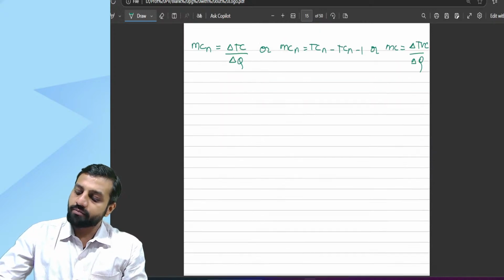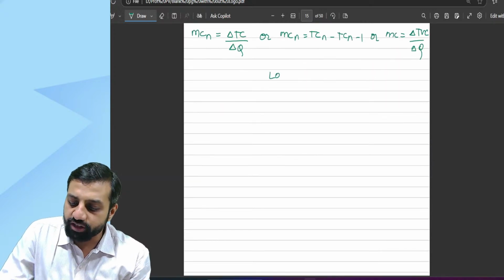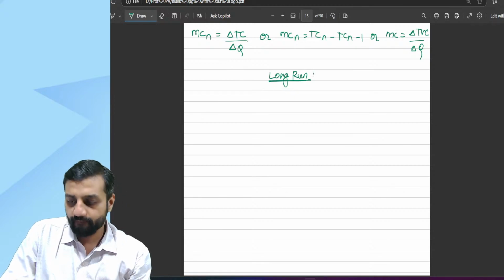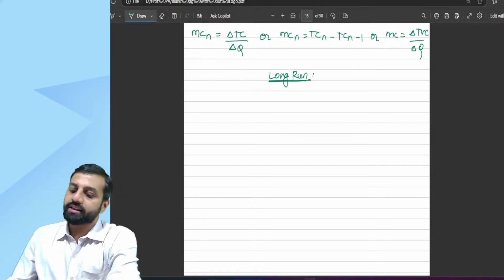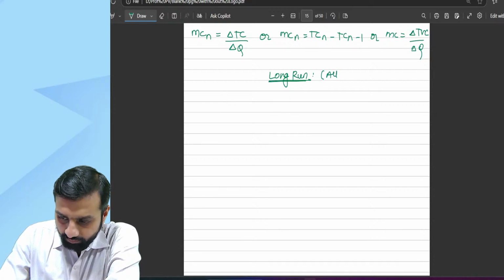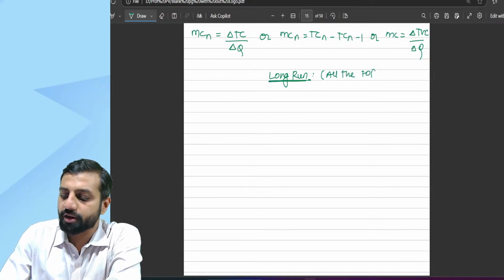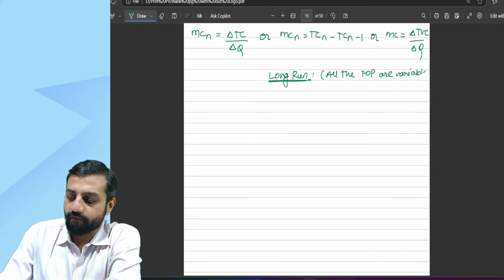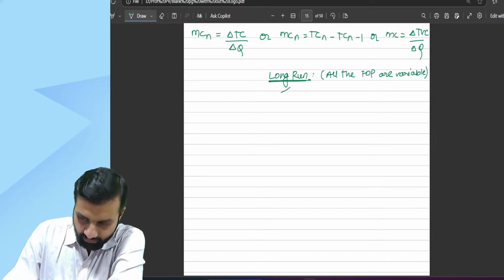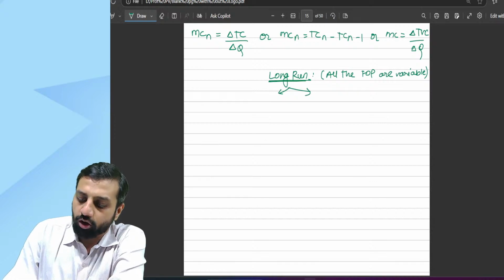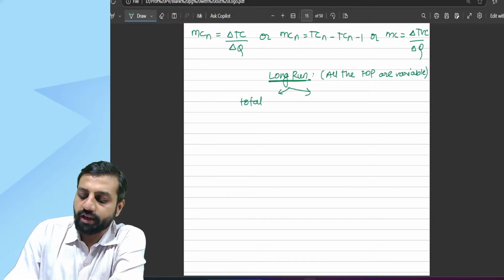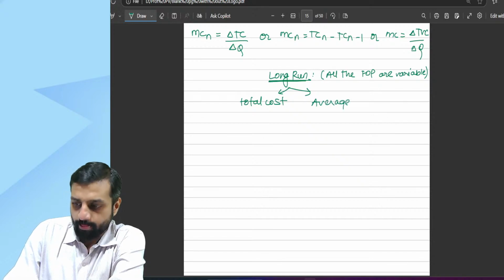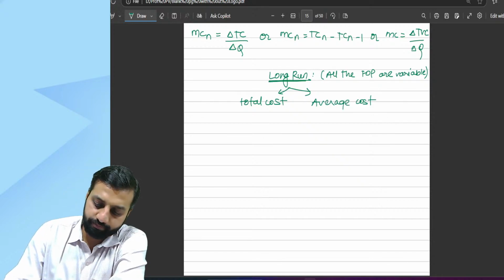So then we can move ahead to the last part of the chapter, which is long run. In the long run, all the factors of production are variable. So in long run also, we have total cost and average cost.